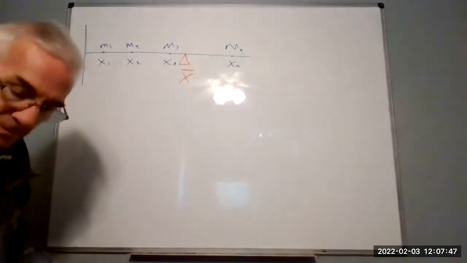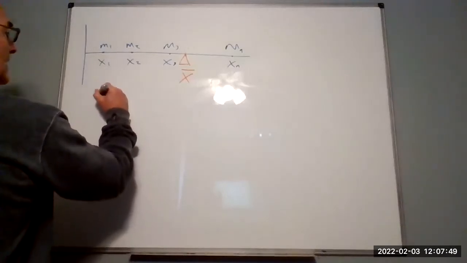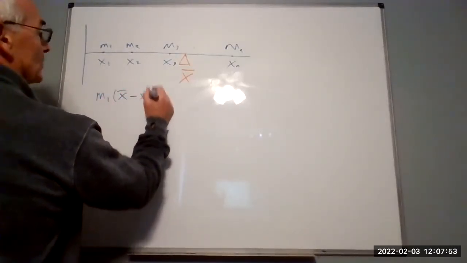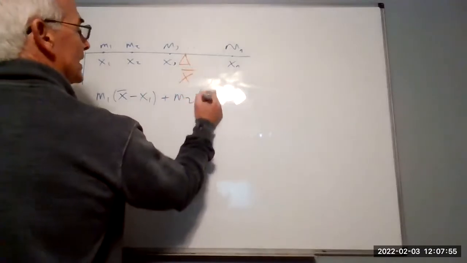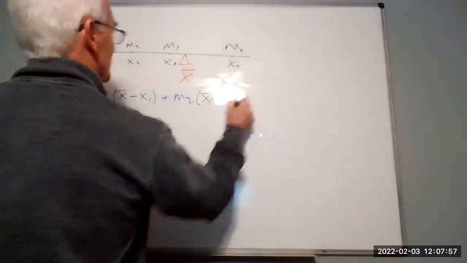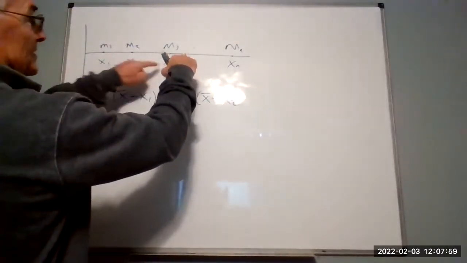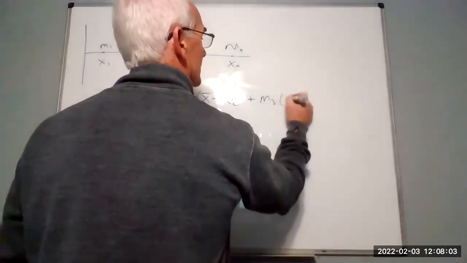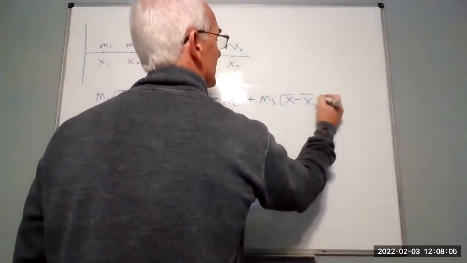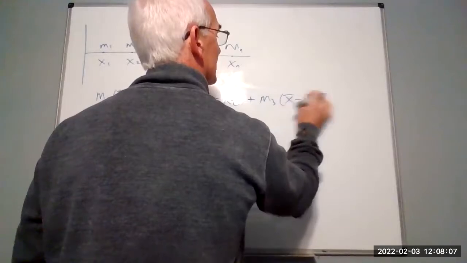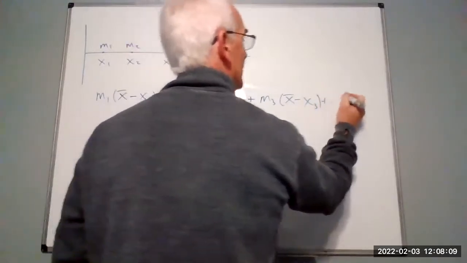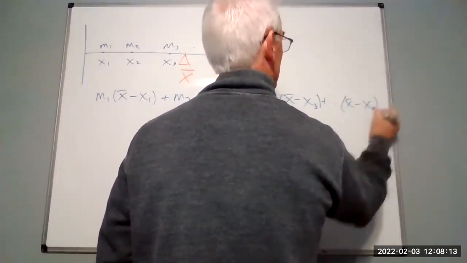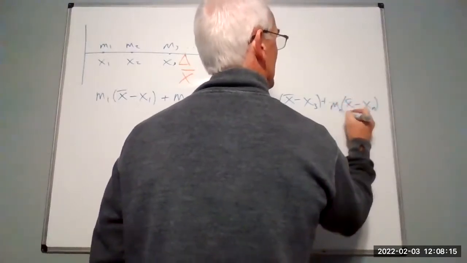Let me back up a little bit. m1 times (x bar minus x1) plus m2 times (x bar minus x2), because that would be the distance, okay? And I'm going to keep going, minus x3, dot, dot, dot, (x bar minus xn) times mn.